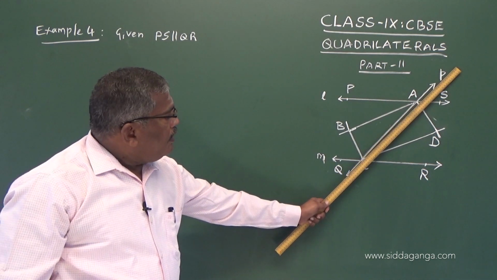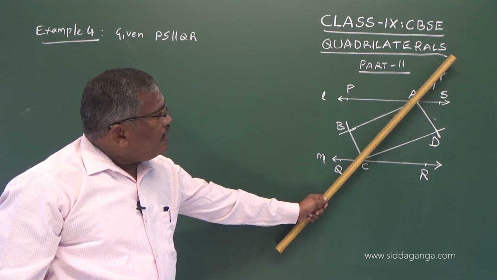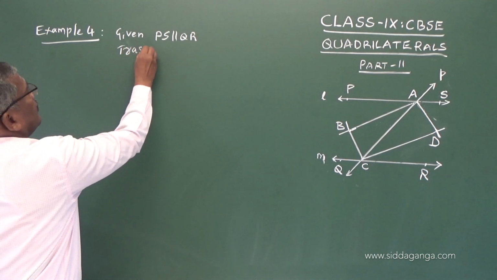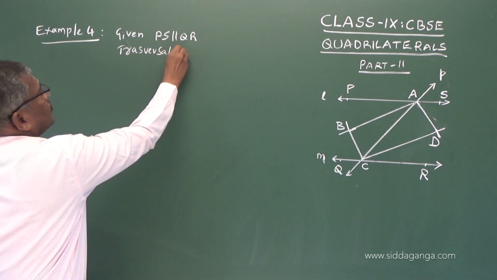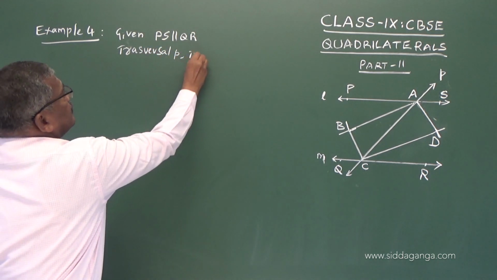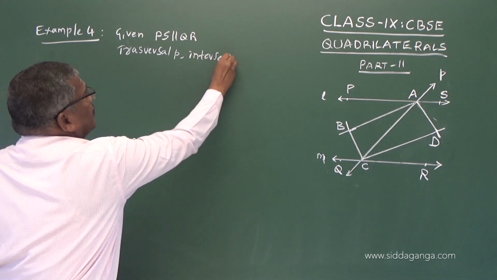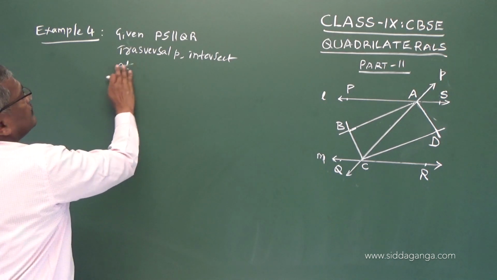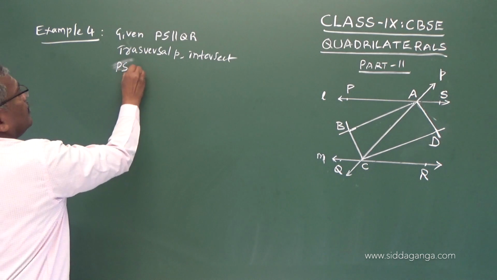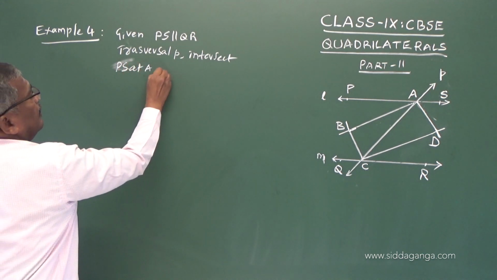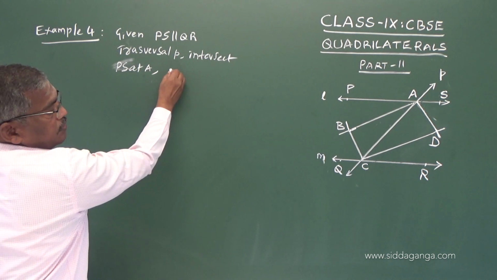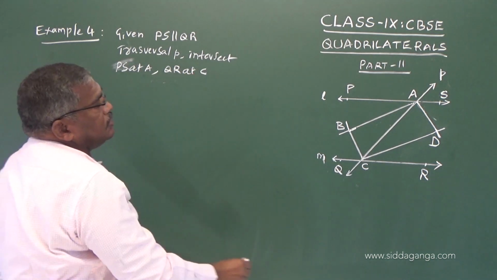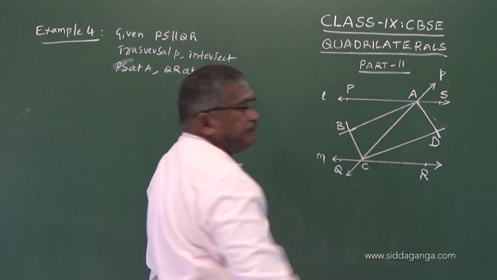Now, the transversal small p intersects PS at A and QR at C. So these are the 2 points.